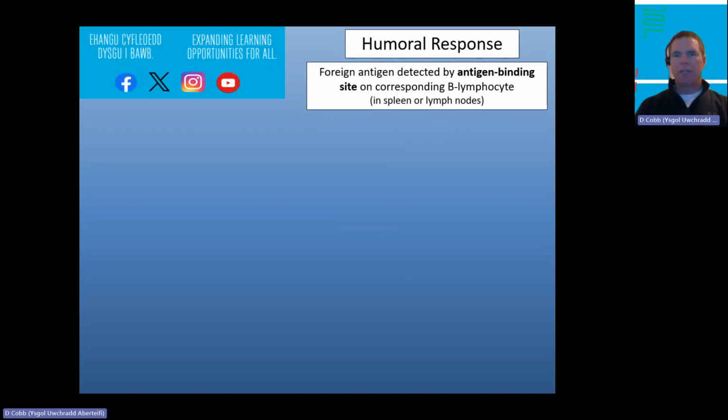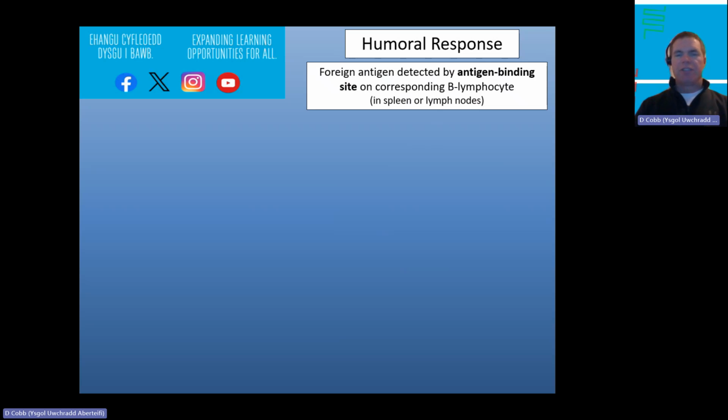So in your spleen and in your lymph nodes, you have a huge number of B lymphocytes, each of which is subtly different, each of which has on its surface a binding site which is unique. No other B lymphocyte would have an antigen binding site like that, and it will be unique to a particular antigen.